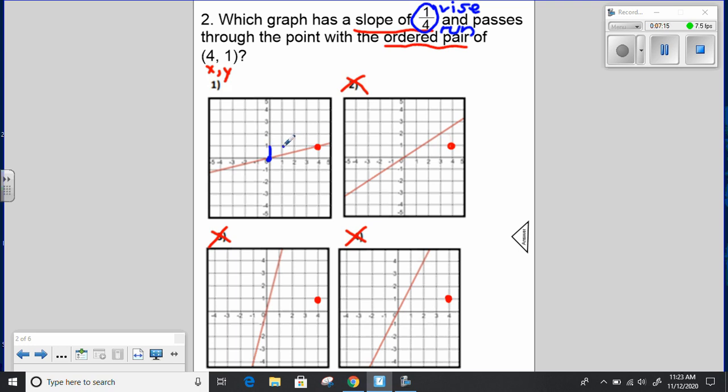So from here I go right 1, 2, 3, 4. So sure enough, graph number 1 has the ordered pair of 4, 1, and it had the slope of 1/4 because we saw a rise of 1 and a run of 4. So graph 1 is our best choice here. Let's look at the next question.